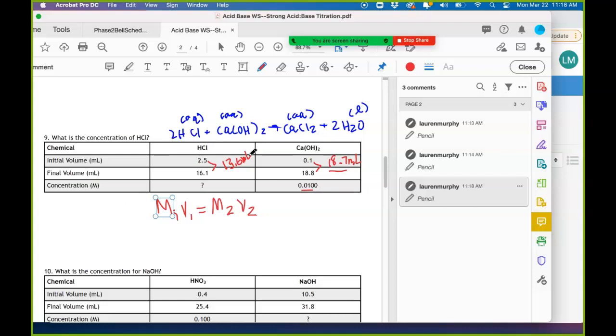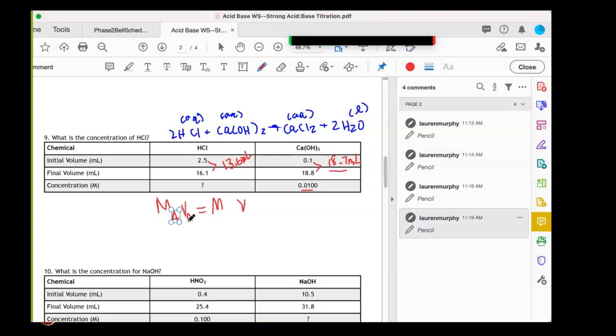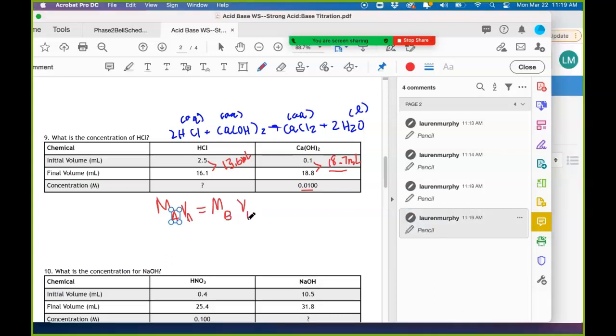So while dilution might be happening, they're actually reacting. And when things react, you have to consider the mole to mole ratios they react in. So what you can do, and this isn't given on the AP test, but you can look at this like an acid-base reaction. So acid, acid, base, base. However, you have to consider their mole ratios, which means you have to plug moles in, and they go on opposite sides.